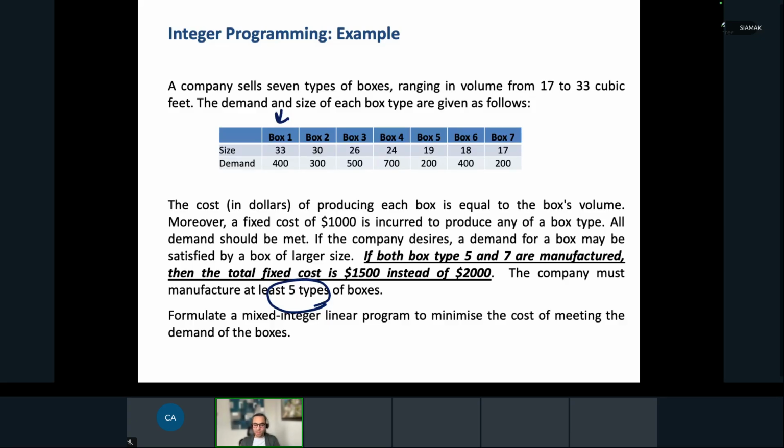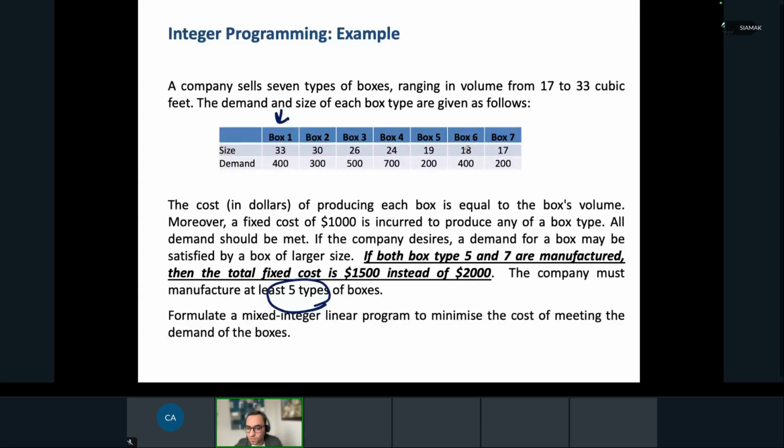That's why you either go with the total demand of all boxes, or you go with combinations of 5. 1, 2, 3, 4, 5, for instance, you take the total demand, whatever it is, save it. 1, 2, 3, 4, 6. Now go on, and you can see you have a lot of them. 5 out of 7 is a lot of different combinations. So it's better to have the total demand.